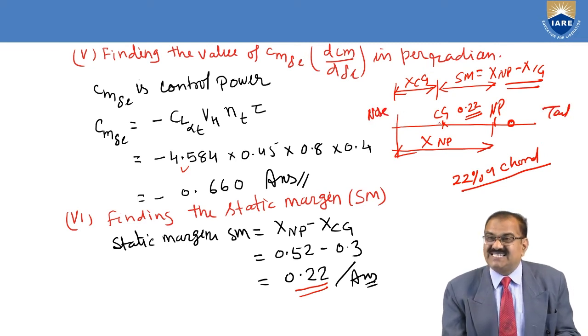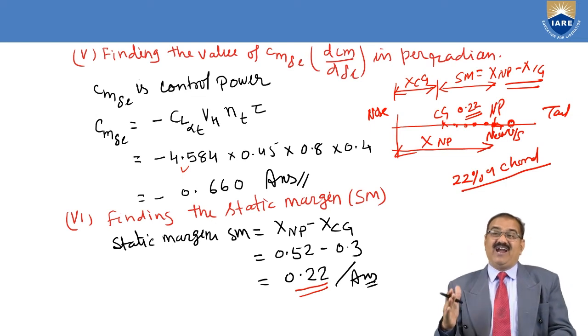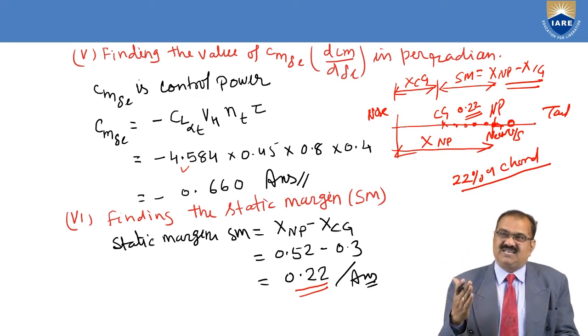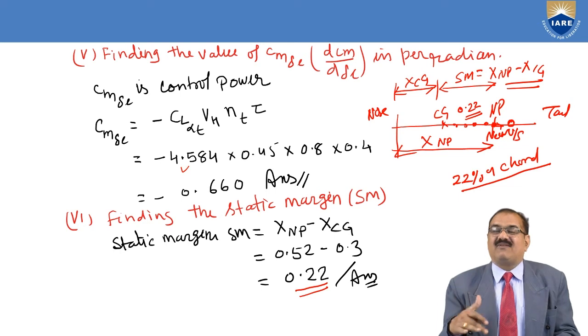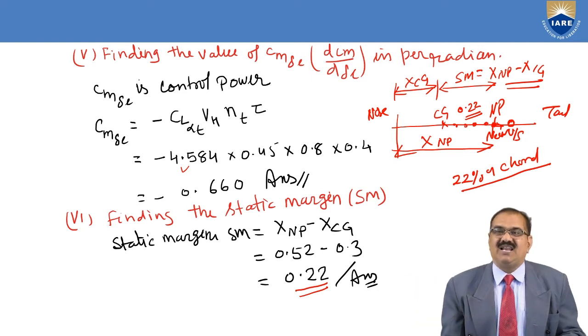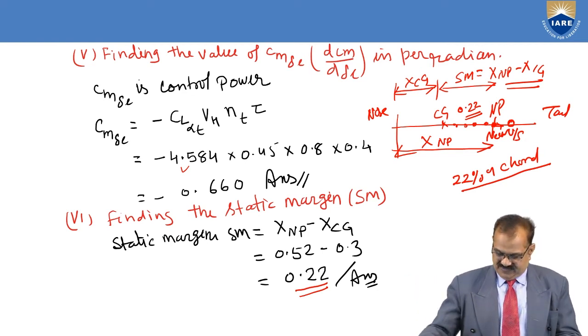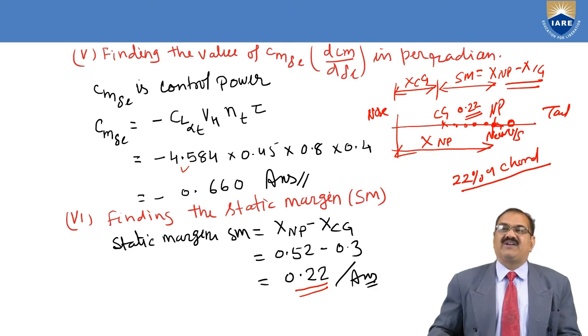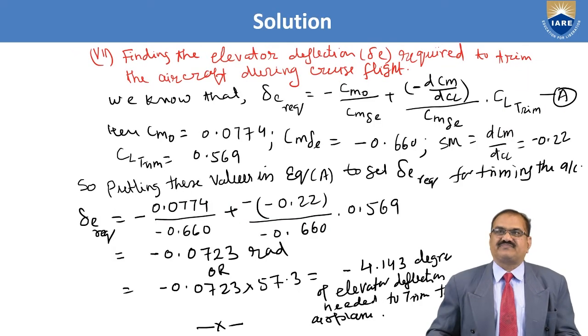If the CG moves back up to here, it is stable. But as you cross the NP, it becomes unstable, and at the NP it is neutral stable. So the neutral point is the point at which, if the CG reaches it, the aircraft becomes neutral stable, and if it goes beyond the neutral point, the aircraft becomes unstable. That is the effect of the movement of the center of gravity.